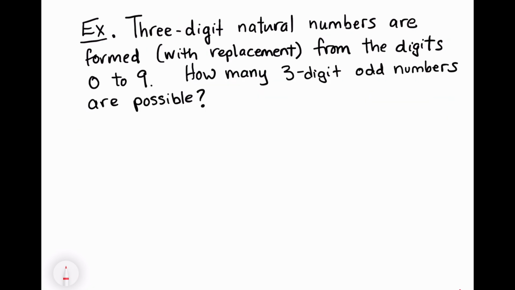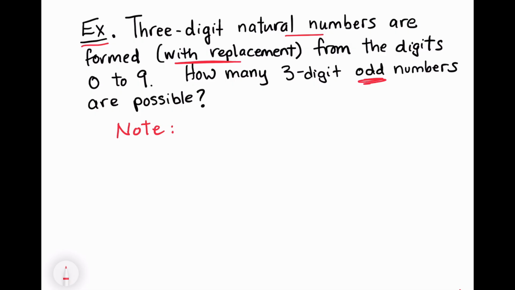Okay, here is another example. 3-digit natural numbers are formed with replacement from the digits 0 to 9. How many 3-digit odd numbers are possible? A couple things I want to make clear: a 3-digit natural number should have a non-zero number in the hundreds place.